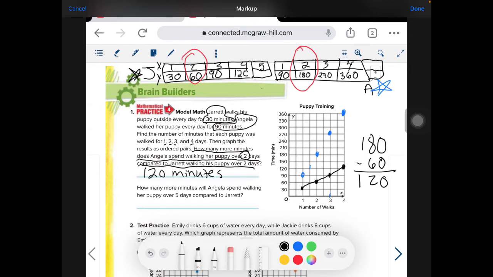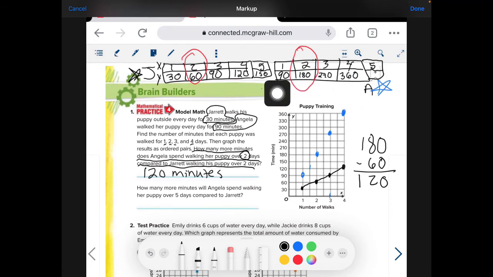I need to add another line over here. 5. Okay, so Jarrett, if I were to add another 30, so I'm going to go 3 times 5 is 15, plus a 0 is 150.